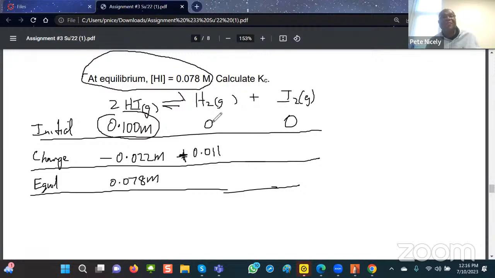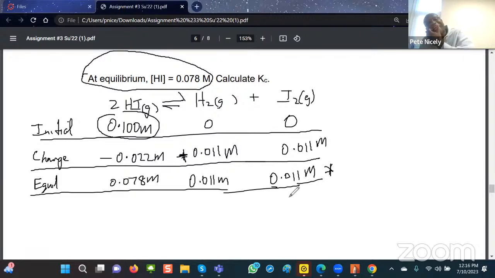And because we have a 1-to-1 ratio between the iodine and the hydrogen, the change in the concentration would also be, for iodine, 0.011 M. So at equilibrium, the concentration of H2 would be 0 plus this value, which works out to be 0.011 M. And the same would be true for the iodine, 0.011 M. All right. So now we have the last line in this table completed.